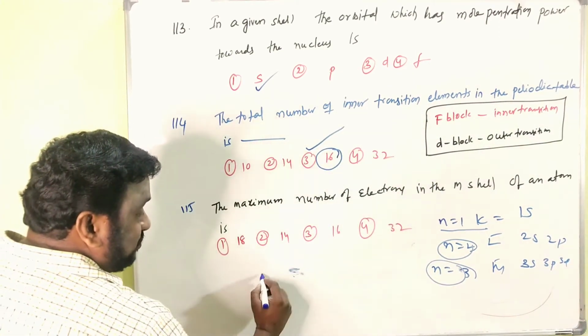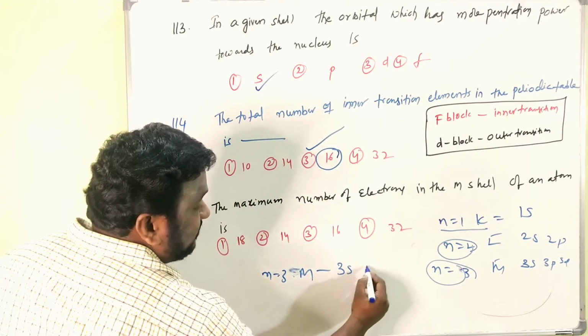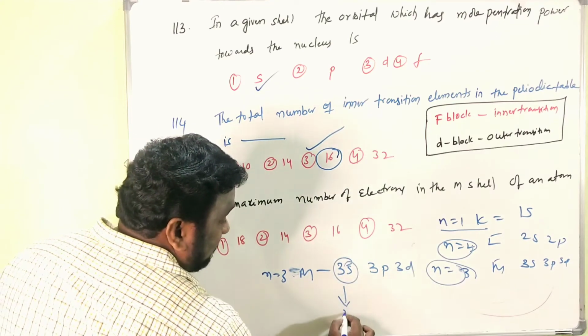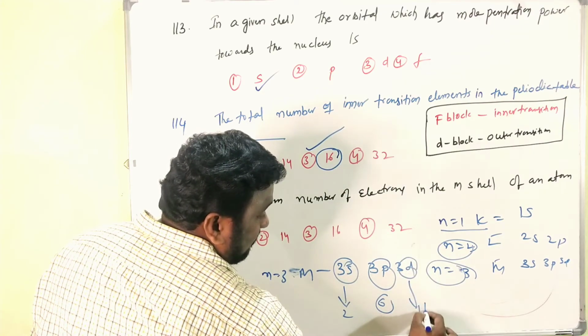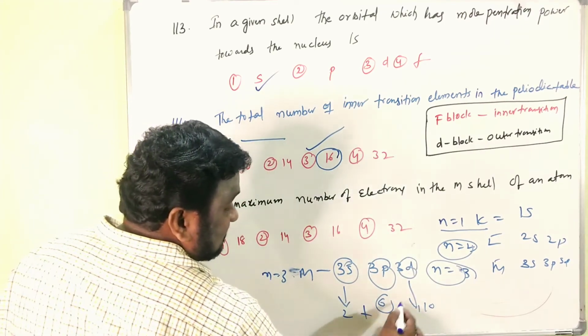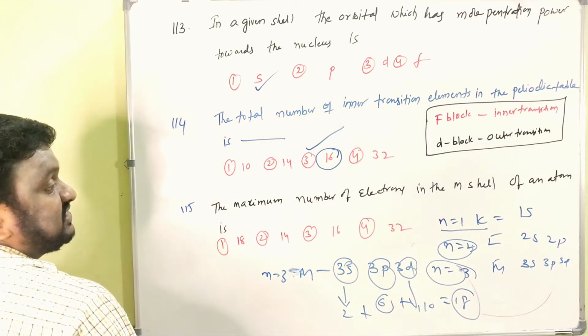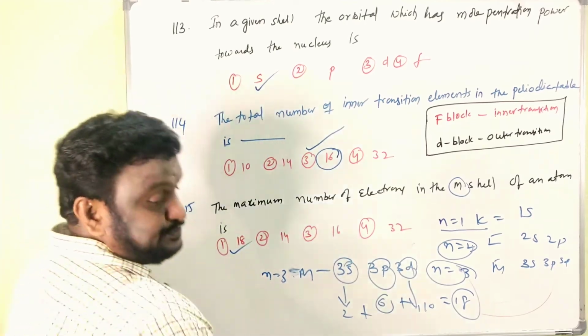S consists of 2 electrons, P consists of 6 electrons, and D consists of 10. Then 2 plus 6 plus 10 is 18. So there are 18 electrons in the M shell. That's why the first option is the right one.